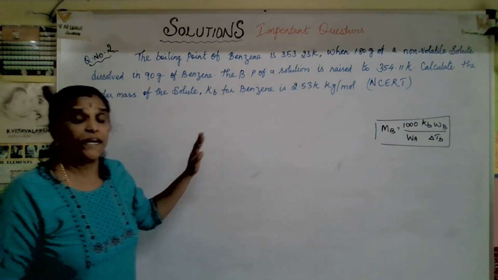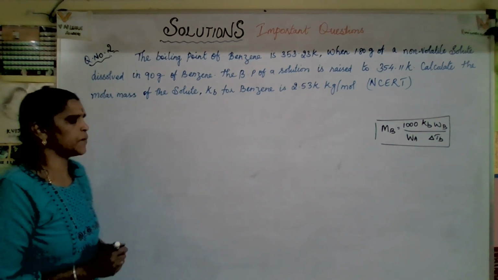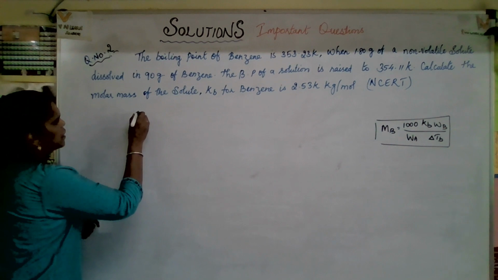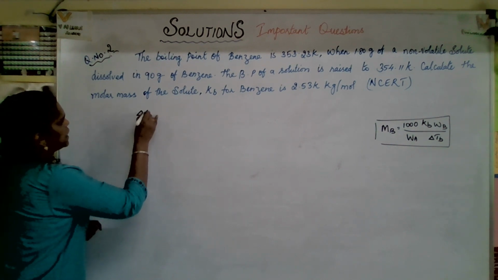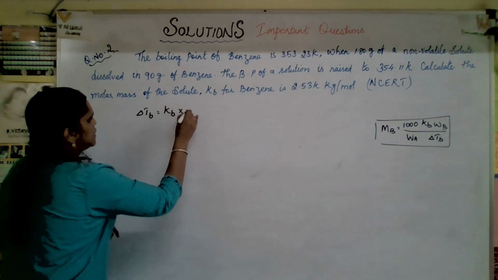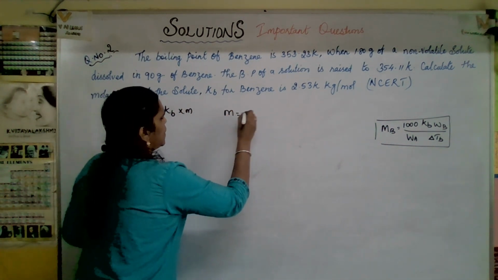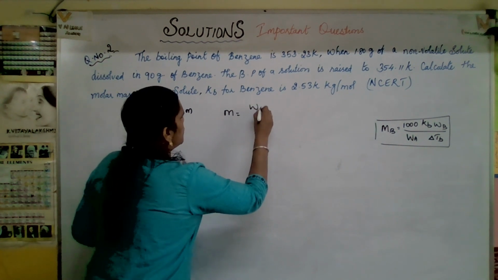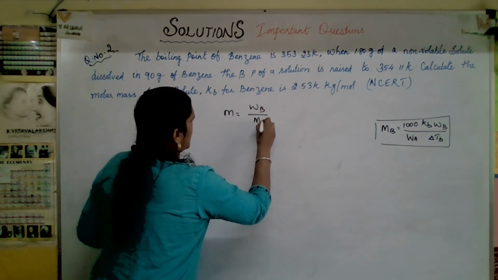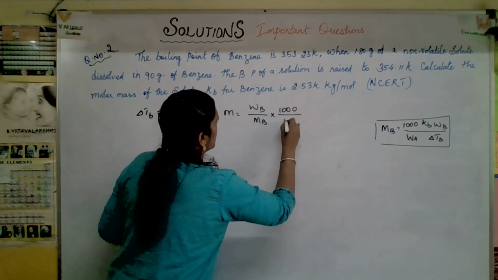Okay, now let us discuss the sum related to elevation of boiling point. Now this is the formula: delta TB equal to Kb into molality, right? So molality m equal to WB by MB into 1000 by WA.